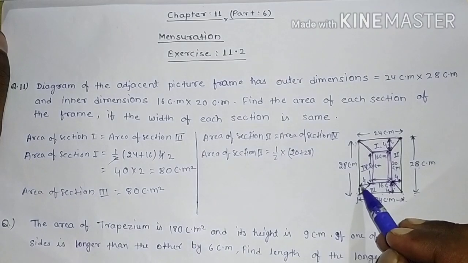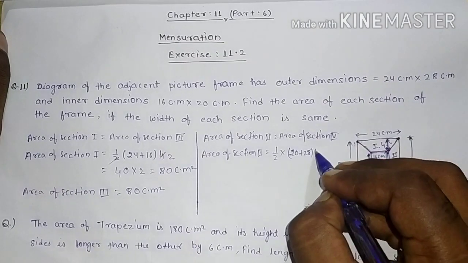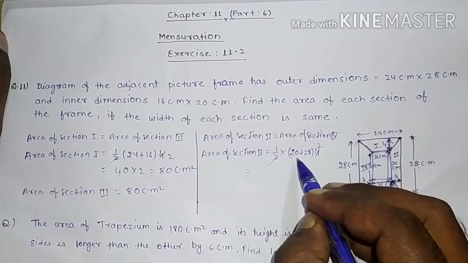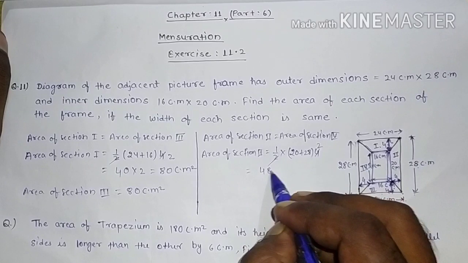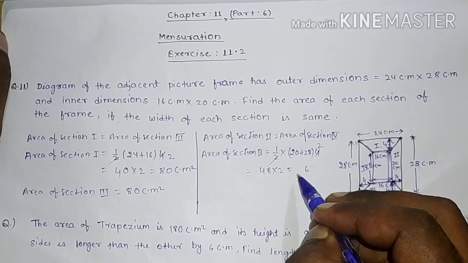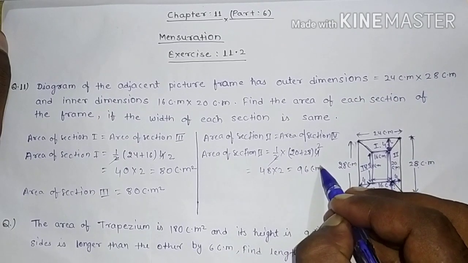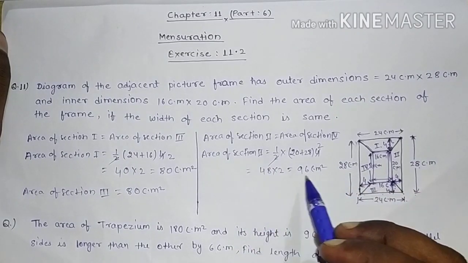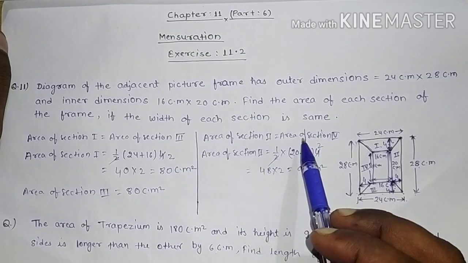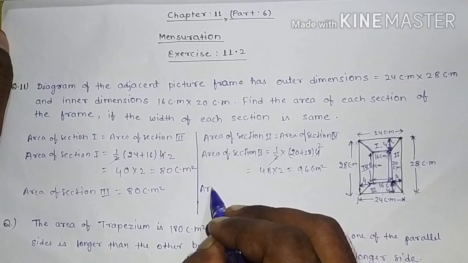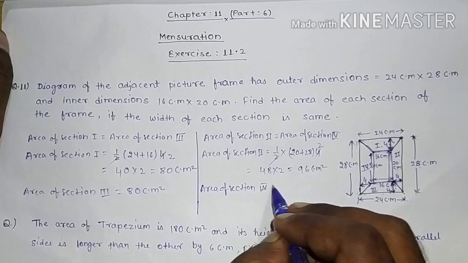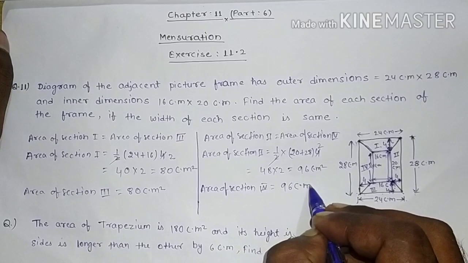Here the width, 4 centimeter, is the height. Simplify it: 2 into 4 cancels out. Now 20 plus 28 is 48, into 2, so it will be 96 centimeter square. The area of section second is 96 centimeter square, and since it equals the area of section 4, the area of section 4 is also 96 centimeter square.